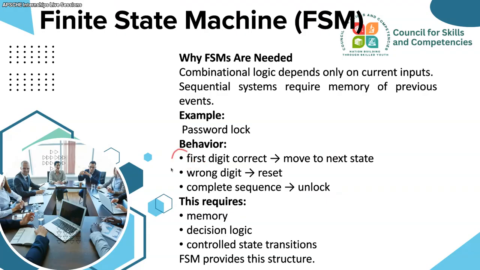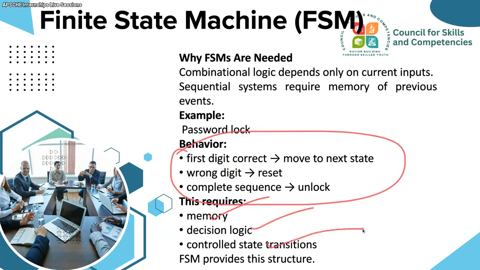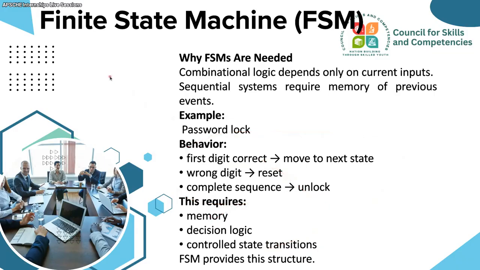For this behavior, you need a memory, a decision logic, and a controlled state transition. If the first digit is correct, it will move to the next state, and if that is also correct, it will move to the next state. If that is correct, it will move to the next state, and it will unlock.